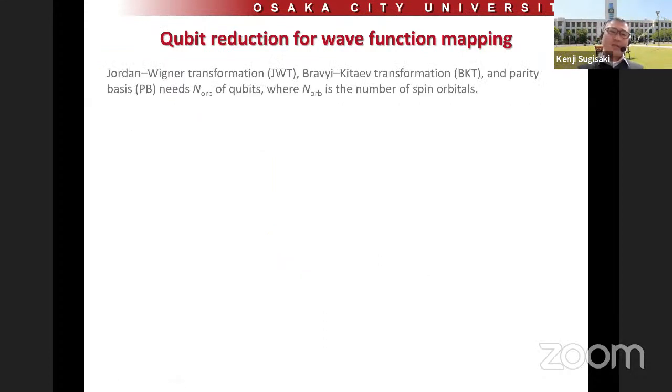First, basically, the Jordan-Wigner or Bravyi-Kitaev basis requires N_orb qubits, where N_orb is the number of spin orbitals, because these approaches are fundamentally based on the occupation number basis and transform the occupation number basis to some different basis. So generally, we need N_orb qubits.